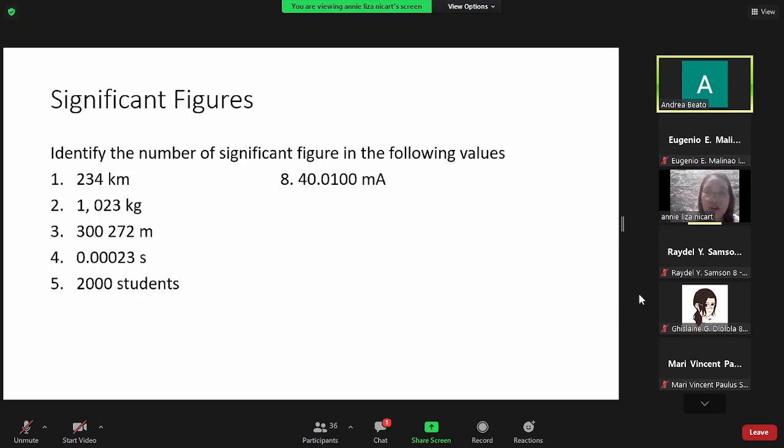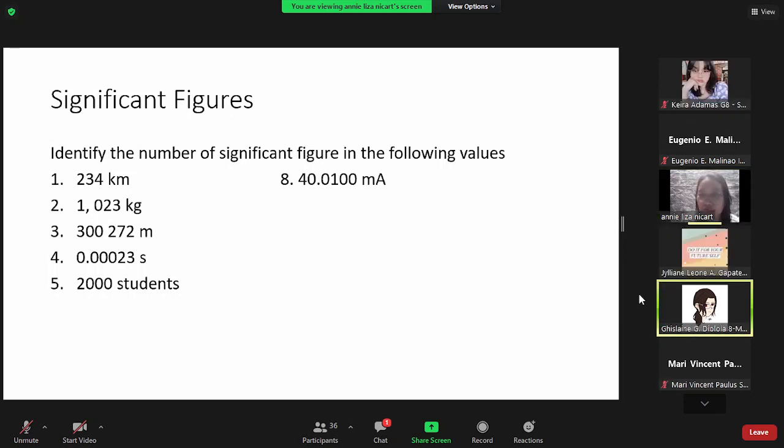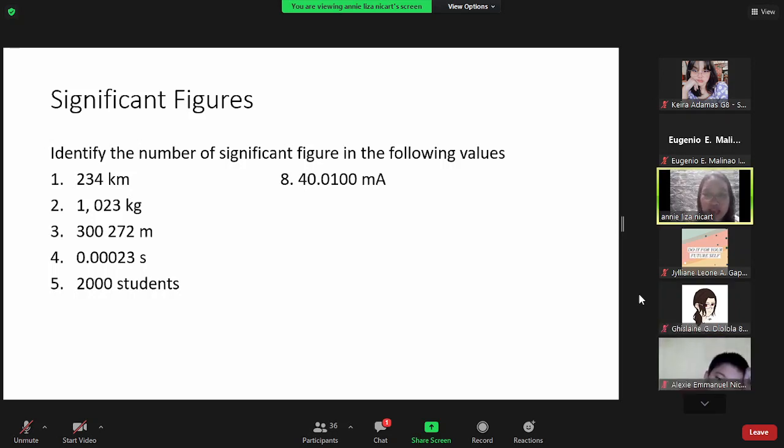Number 5. There are 2,000 students. Only one significant figure? Okay, the correct answer is 4. There are 4 significant figures in number 5, 2,000 students.